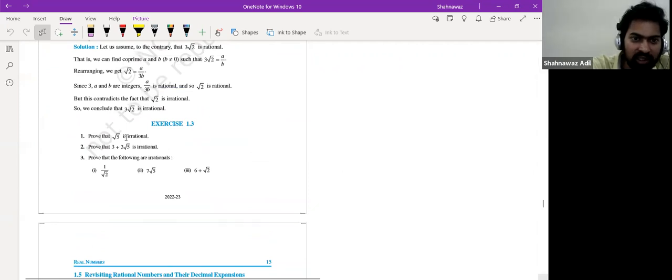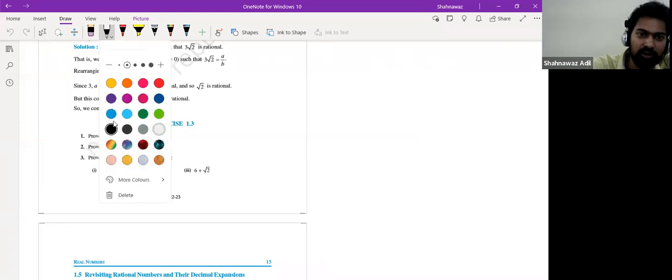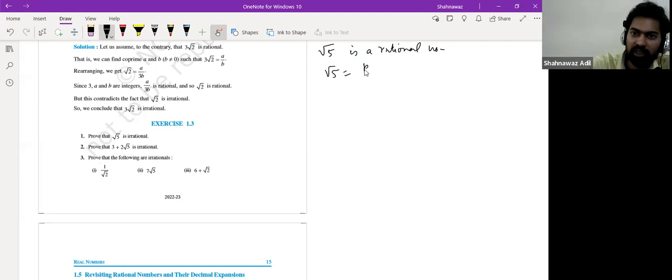So this question you can do, right? Yes, sir. So what is the trick here? That we will assume it is a rational number. Yes, so we will assume that root 5 is a rational number, right? Yes, sir. Then we can write root 5 as p by q, and this doesn't have a common factor other than 1, right?